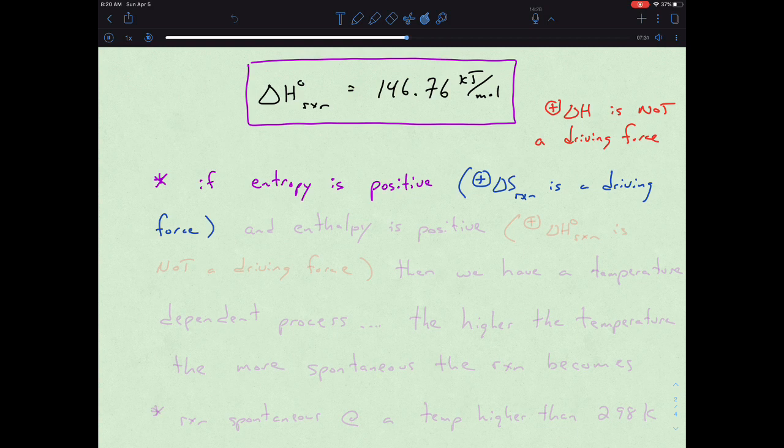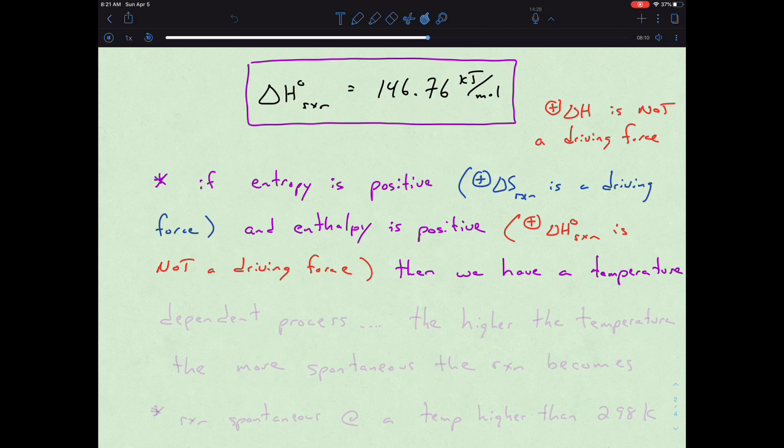So if entropy is positive and enthalpy is positive, right, a positive delta H of the reaction is not a driving force, then we have a temperature dependent process.